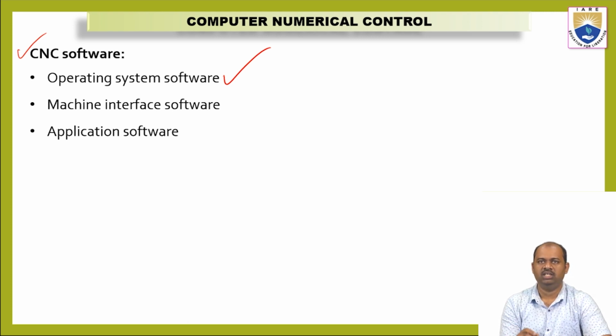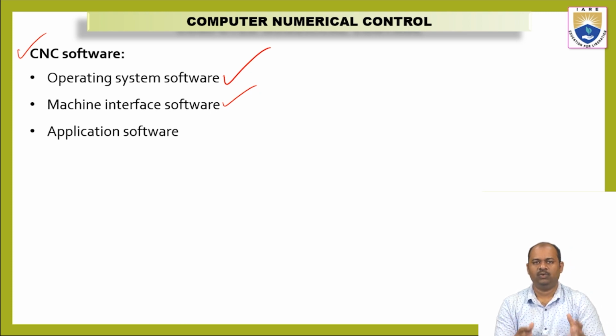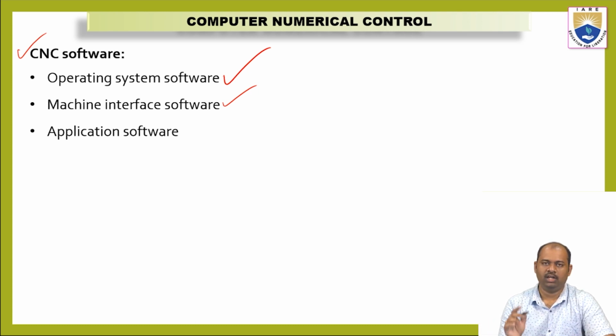And then the second one is machine interface software. It will convert the programming code which we have given in the operating system into code recognized by the numerical control machine. And then the third one is application software, where we can make modifications, design a part program, and write the code.